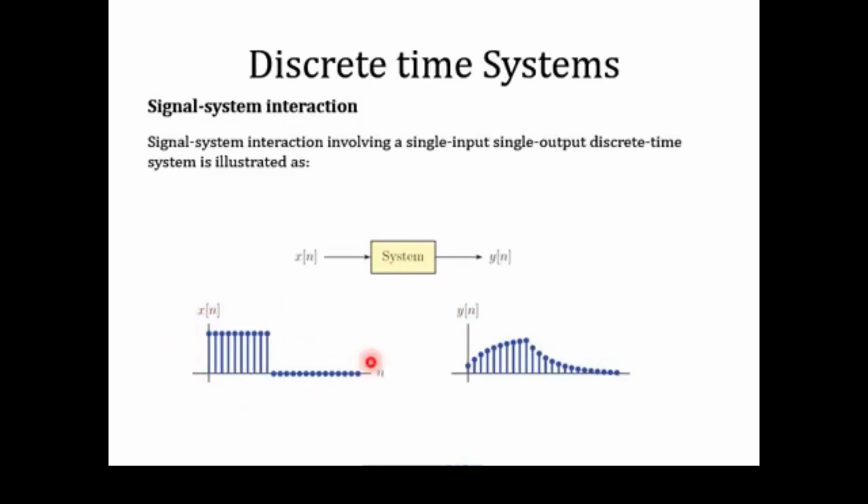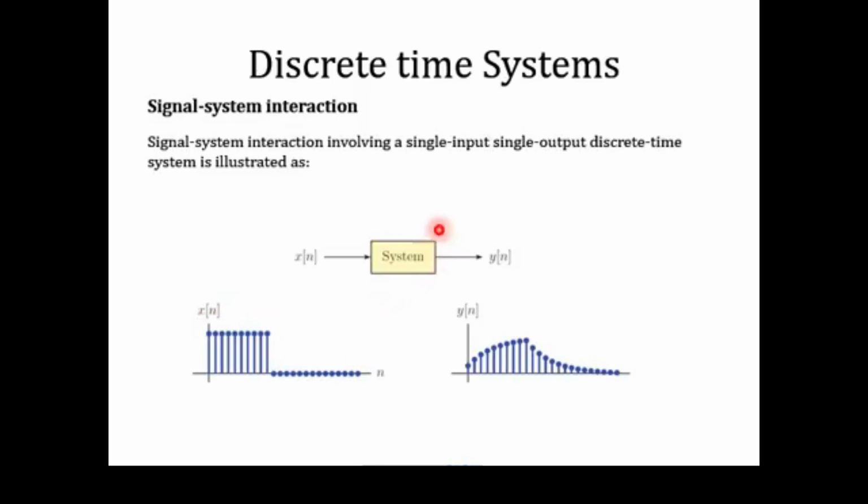Now let's come to the nature of this x of n. In signal processing domain, there are two options to process our signal, and those two options basically depend on how we are getting the x of n sample values. So if we are taking the sample values in real time and we are processing those samples in real time, then that particular system will be called a real time processing system. And another approach or option is that first take all the sample values and then apply certain signal processing operations on them.